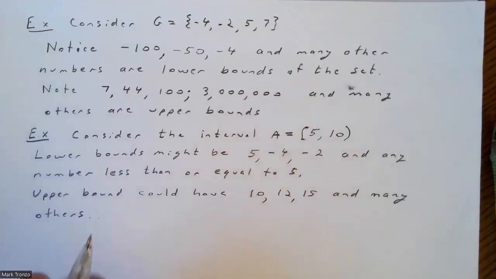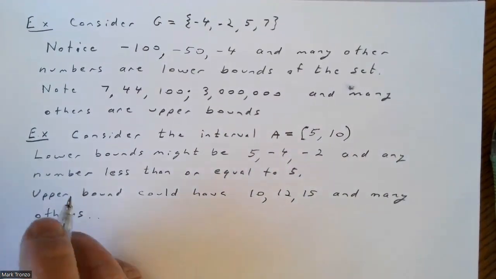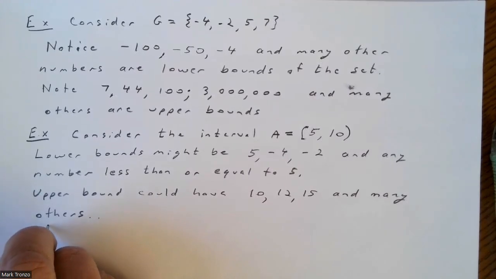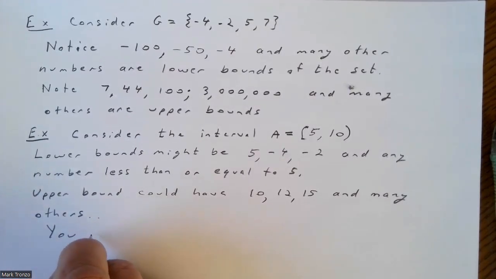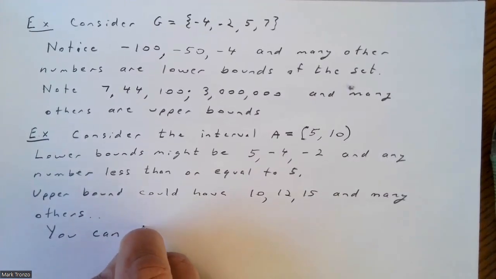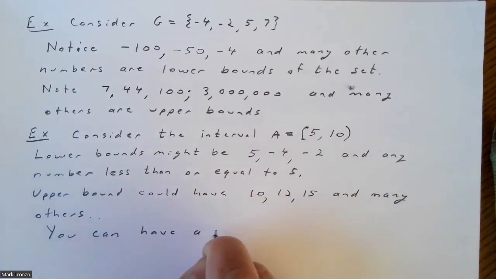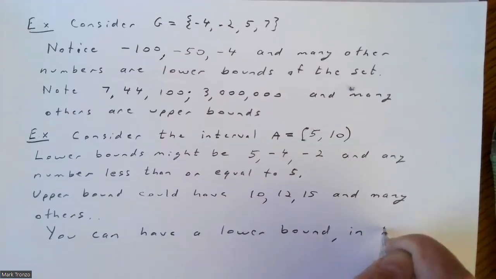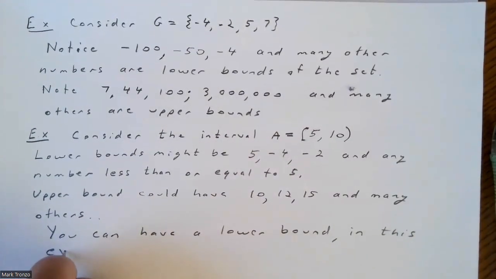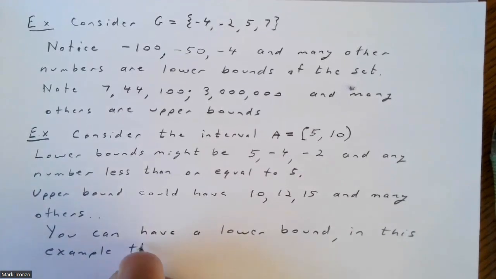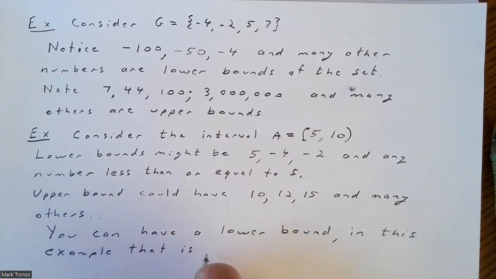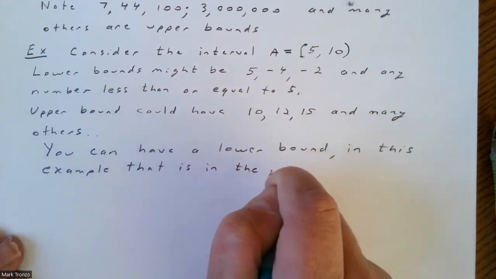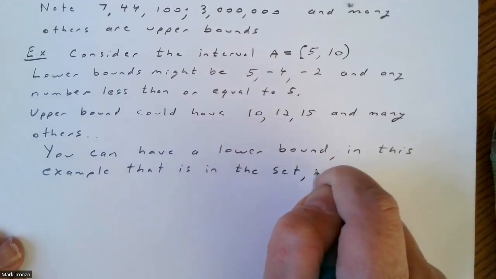Now, one thing to note on this problem, with Emmy asking before about whether it's in the set: notice you can have a lower bound. In this case, you can have a lower bound that's in the set. In this example, that is in the set, namely 5.